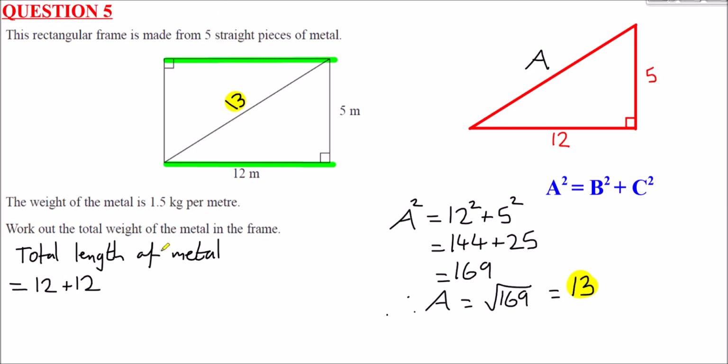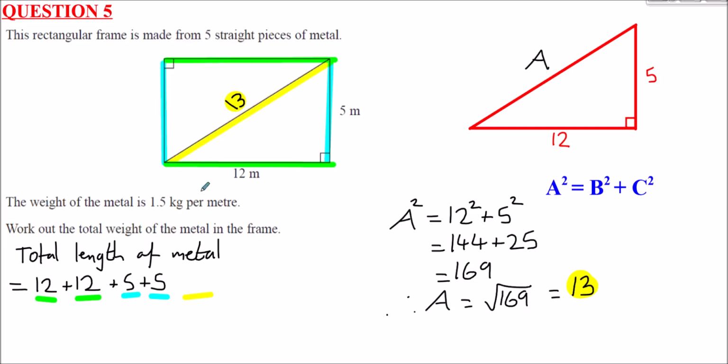Then we've got the sides. The sides are each 5, like you can see, so plus 5 plus 5. And then finally, that diagonal we just worked out, which is 13.